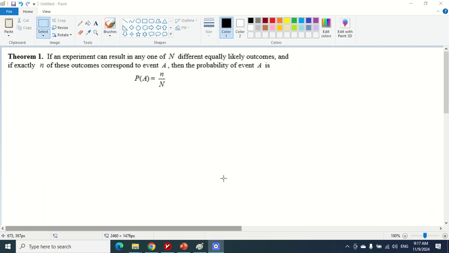At this slide, you can see that if an experiment can result in any one of N different equally likely outcomes, and it's important to emphasize that the cases have equal chances to occur, and if exactly n of these outcomes correspond to event A, then the probability of event A is small n over big N.